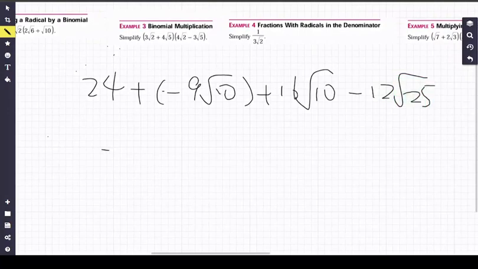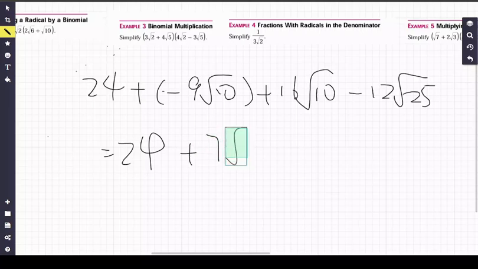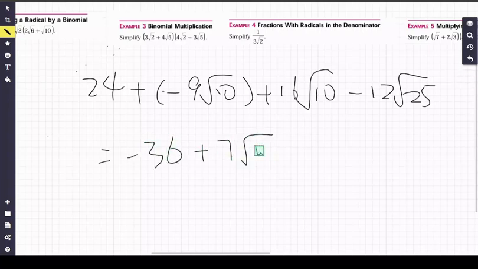So unlike a monomial, we'll actually be able to collect the terms. Negative 9 plus 16, that's 7, 7 root 10. And remember, negative 12 times 5, that's negative 60. So 24 minus 60, you're going to have negative 36. So finally, your answer is going to be negative 36 plus 7 root 10.